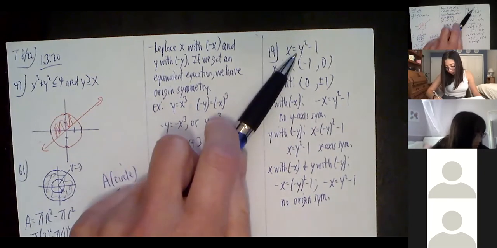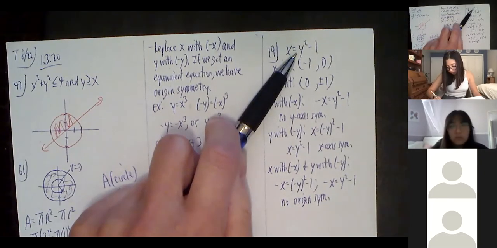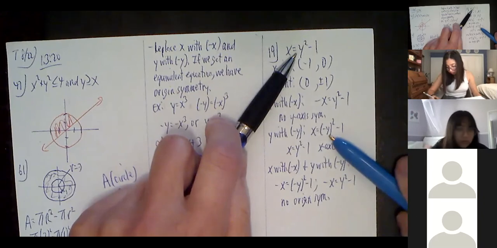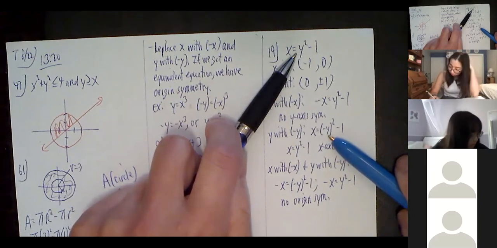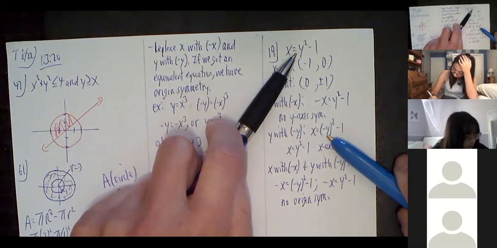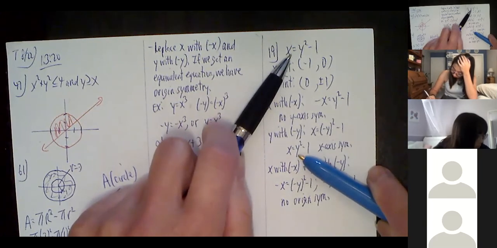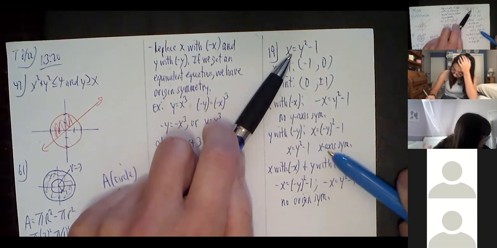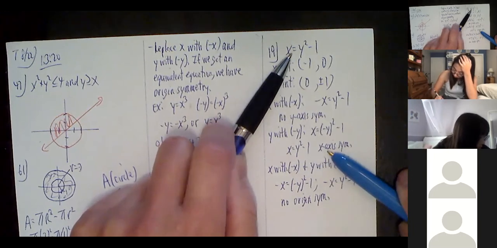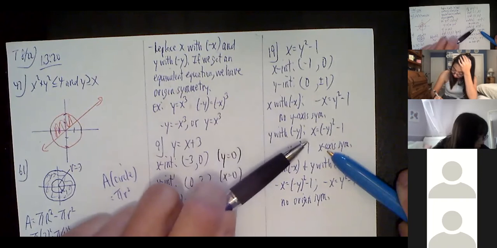So right here, change it to parentheses negative y. So x equals negative y squared minus 1. But negative y squared is the same as y squared. So I can have x equals y squared minus 1. That is equivalent to the original. So by our rule, I have x-axis symmetry.